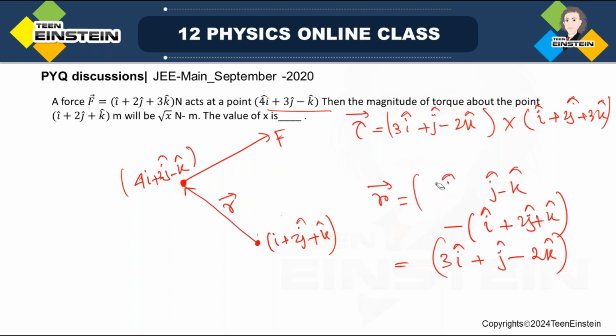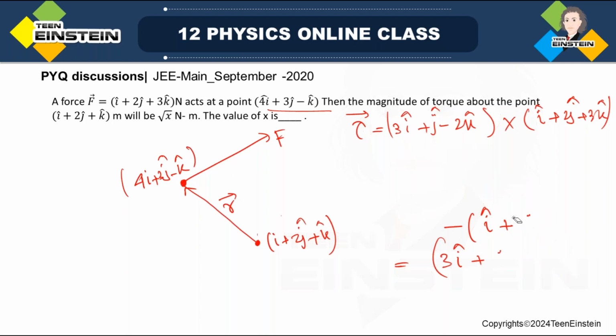This cross product, since it is three-dimensional, is better done using the determinant method. I think you have to find out the magnitude, but first you have to do the cross product.